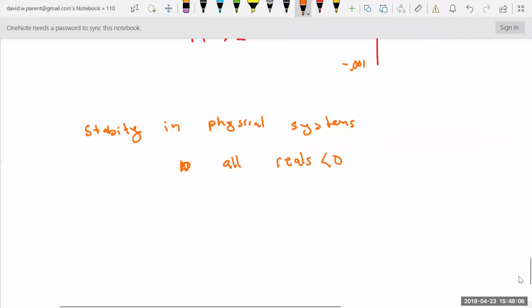But I think sometimes in circuits, if it oscillates, they call it, like a shorthand, very underdamped. Sometimes they might call that unstable. So just be careful, all right?